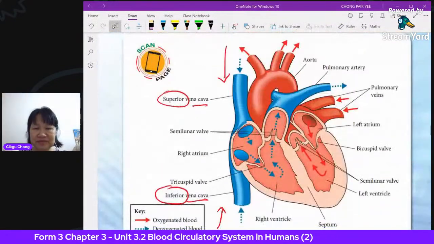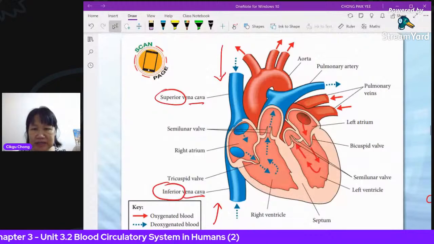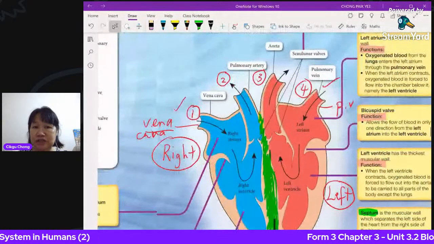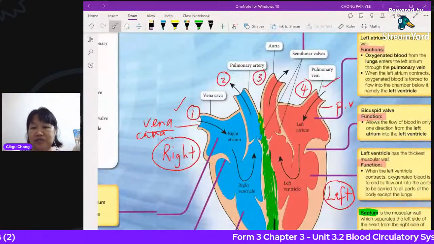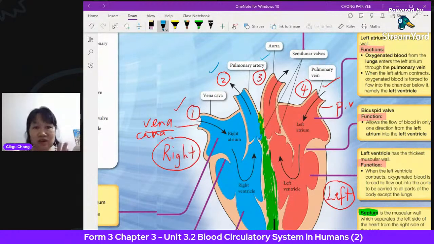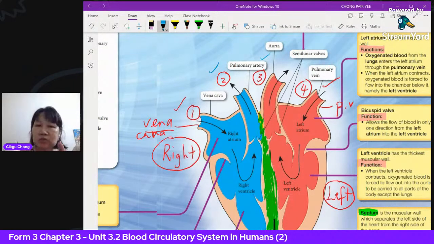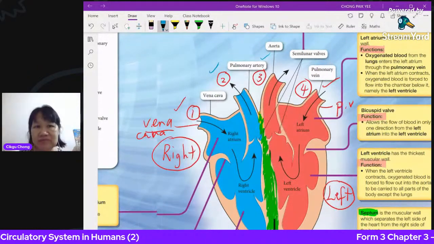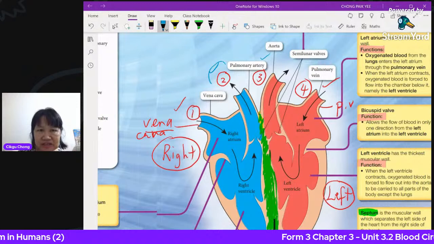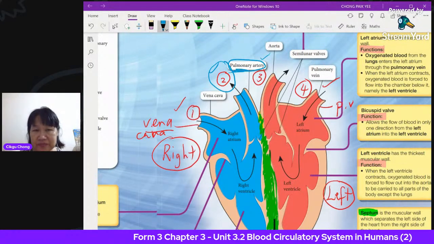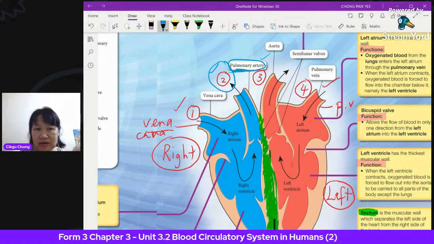Okay, see this picture better. Here, you told me just now you have two arteries, correct or not? The arteries that you told me just now were 2 and 3, correct? 2 and 3 are called artery. But there is one that is carrying the deoxygenated blood. And it is which one? Here, this one, you can see here. Pulmonary artery. So all arteries should by right carry oxygenated blood.